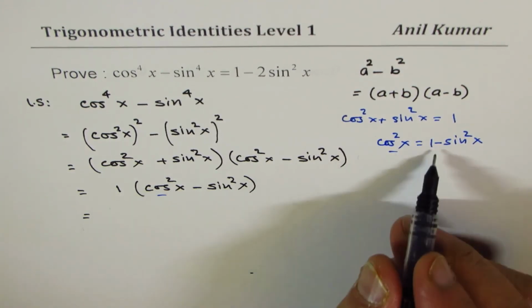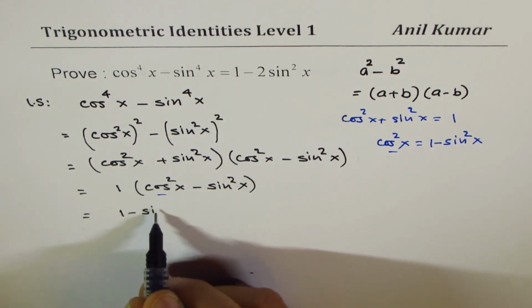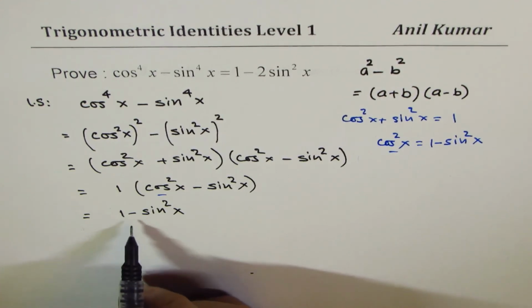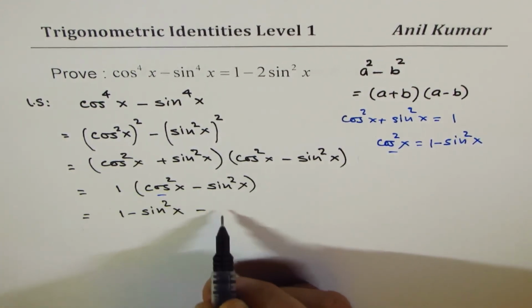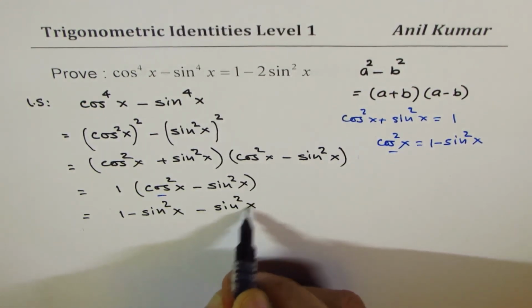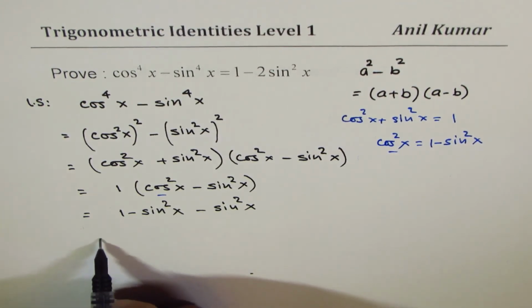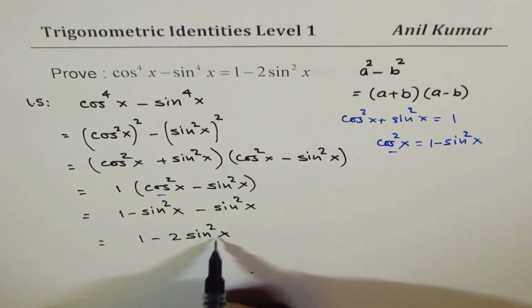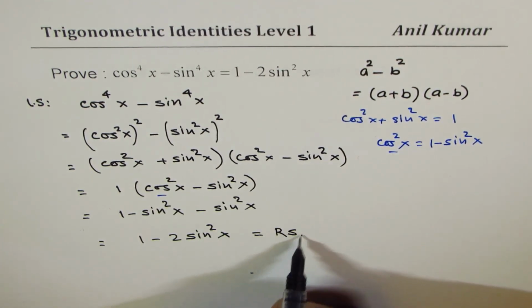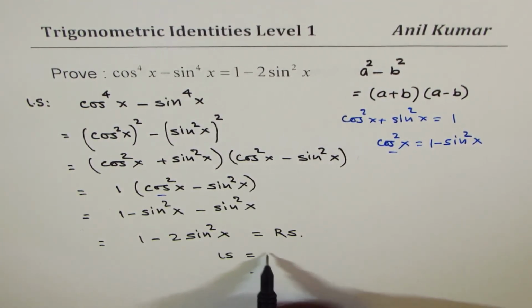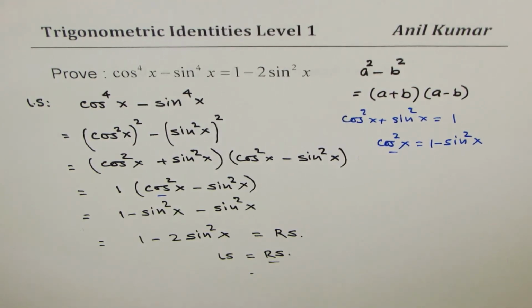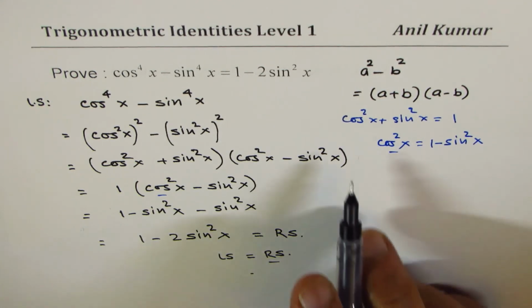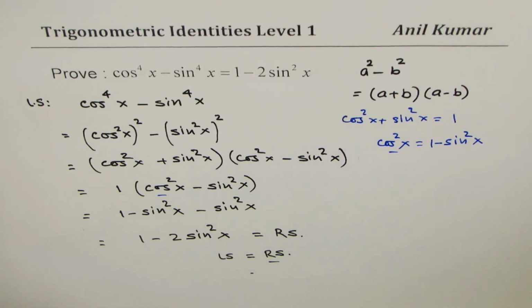So the first term becomes 1 minus sine square x, and we already have minus sine square x. Combining these two, we get 1 minus 2 sine square x, which is the right side, correct? So we have proved that the left side is equal to the right side. I hope this strategy is straightforward. This time we have applied the Pythagorean trigonometric identity to prove the trigonometric identity.